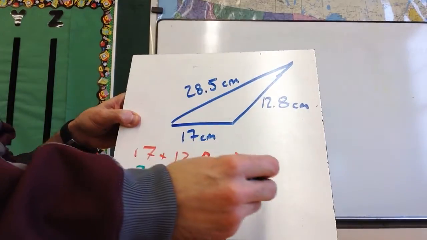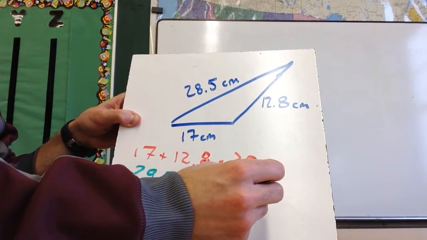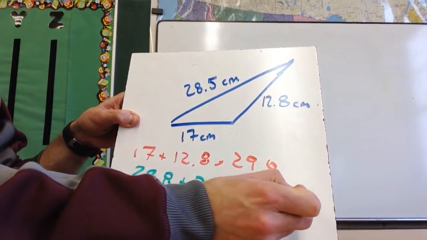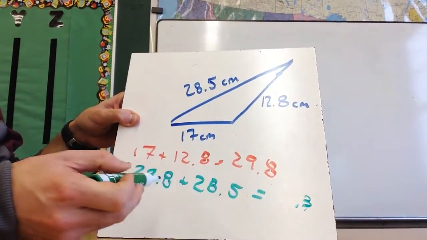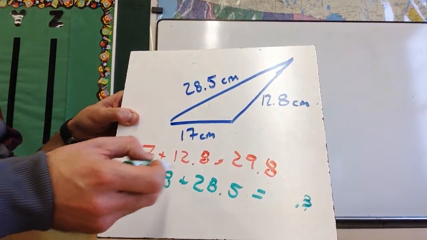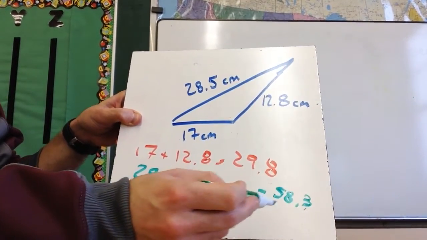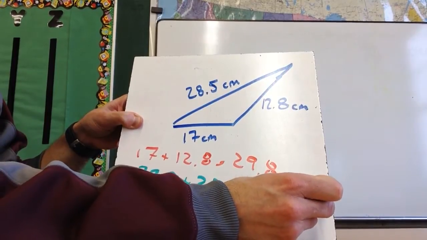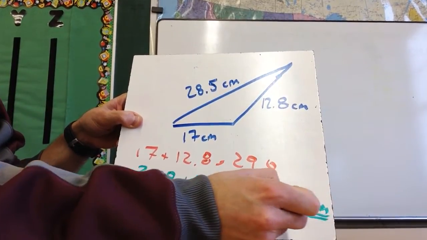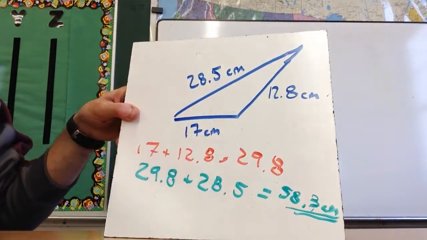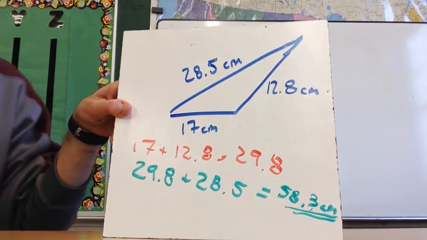And this is going to give me, let's see, I know that's a 3. Carrying the 1 is an 8, so it should be 58.3, and then this is centimeters. So the idea is I'm just adding up A plus B plus C. Right? Add up each of the three sides.